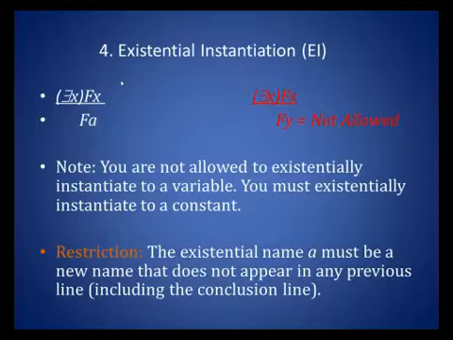And I can only instantiate to a constant. So again, no instantiating from variable to variable, as is over here on the right side in the red. Only instantiating from variable to constant, as is done on the left. And don't forget your restriction. More on this in a little bit.